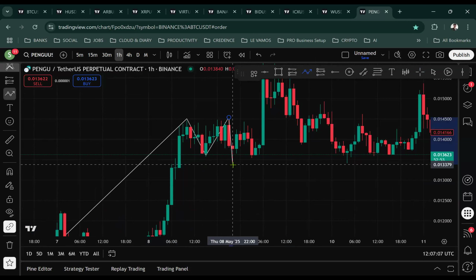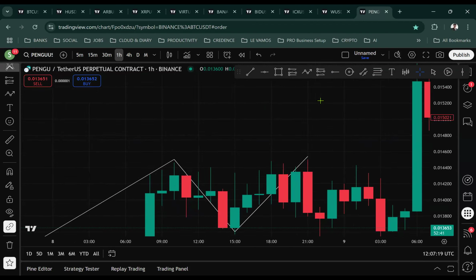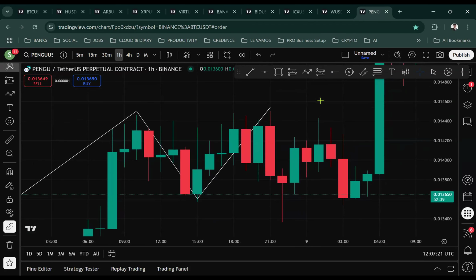Okay, is that candle higher than the previous high? This is actually higher. I'll just mark this. See, it's like this.